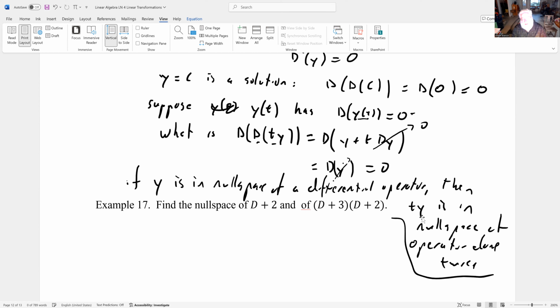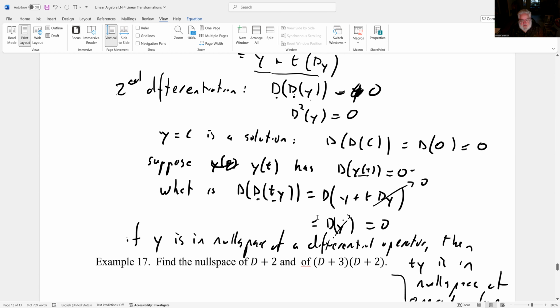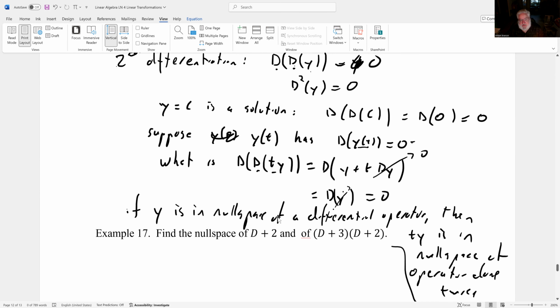the product rule, is here's where the multiplication by t came from, right? If y is in the null space of the derivative operator, then ty is in the null space of d squared.